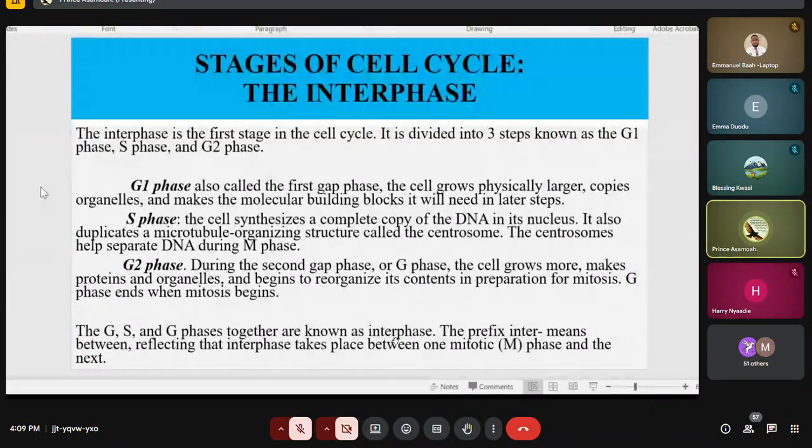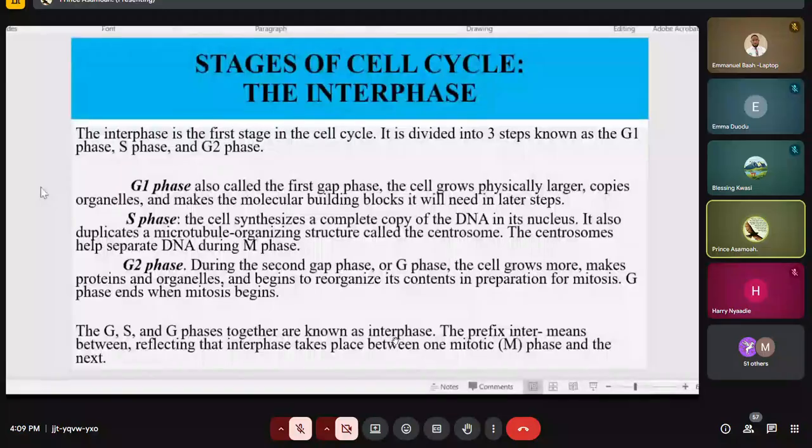The gap 1 phase, G1 phase, is also called the first gap or the gap 1 phase. In this stage, the cell grows physically large. Secondly, it makes copies of organelles: a peroxisome will be copied here, a lysosome will be copied here.